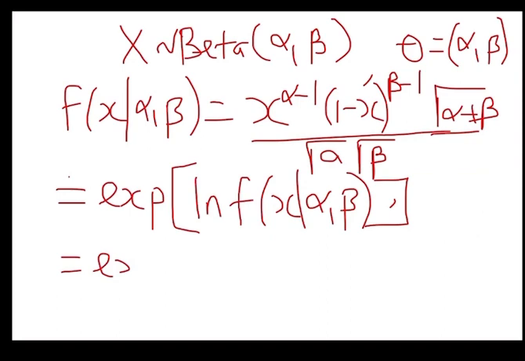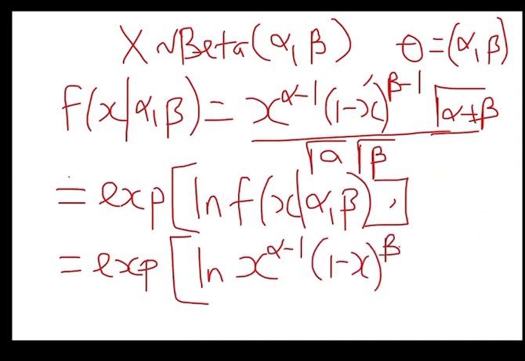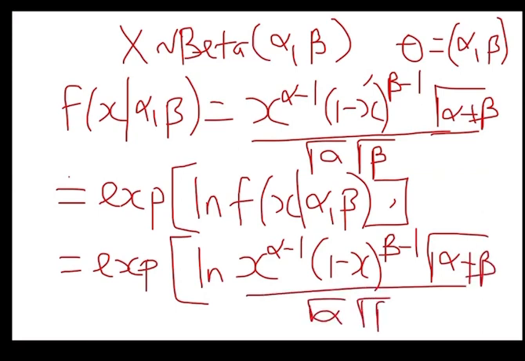So I'm going to do exp, into ln, and put the distribution in, the gamma divided by gamma alpha, gamma beta. Take a look at what I have now. I've been able to write this in terms of the exponential of the ln of the probability distribution.